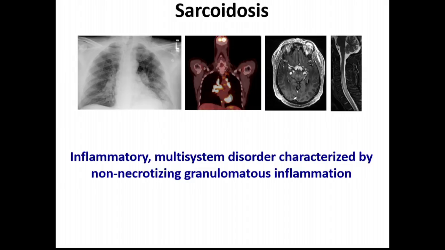In the pituitary, sometimes we call it granulomatous hypophysitis. And it's not always clear that any non-infectious focal granulomatous inflammation, when it's not within the full spectrum of a systemic disease, is the same entity as sarcoidosis, although treatment may behave similarly. And its calling card is that it's characterized by non-necrotizing granulomatous inflammation. So we're going to talk all about that.